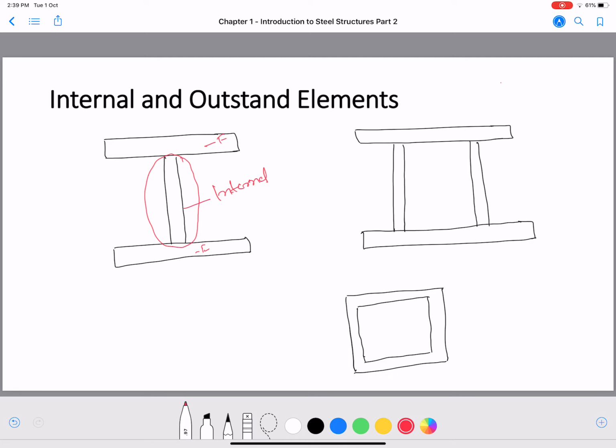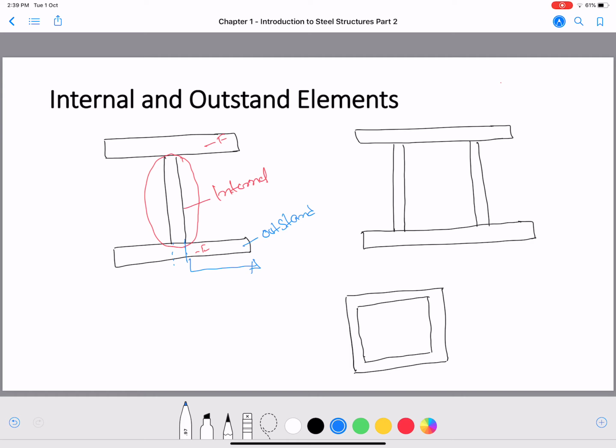An outstand element is considered to be supported along one edge and free on the other edge. This side is free, and this side is supported by this web. So this element is called an outstand element.